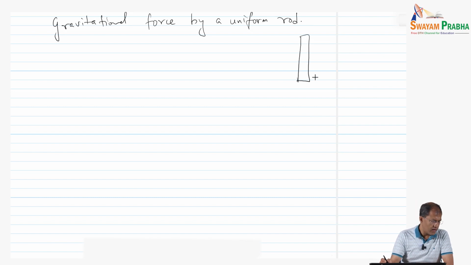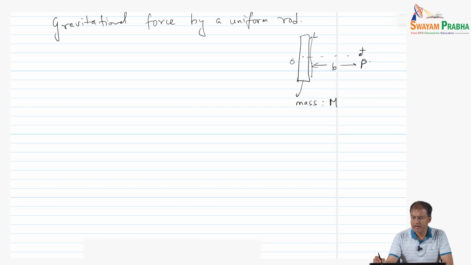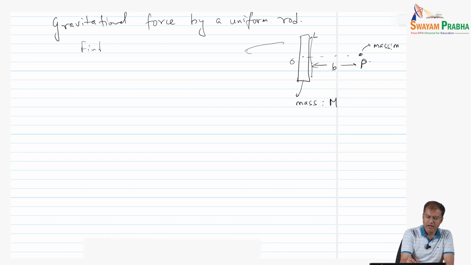So if we have this following, right, and then we have a rod, let me say this total rod has some length, let's say capital L, and the mass of this rod is capital M, and then at a distance small b, we have another particle which is kept, and this particle has a mass given by small m, and now we have to find the gravitational force of this system, Fg.